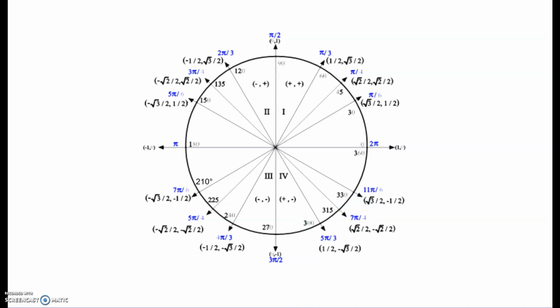So the degree measures are here inside the circle, all the way around, and the radian measures are in blue, although they're turning black as I highlight them, around the outside. And then the ordered pairs are given in the parentheses.